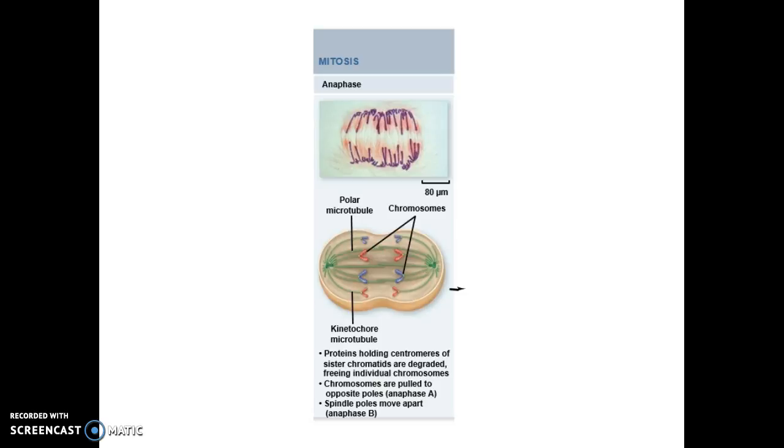The chromosomes are being pulled apart. Now you could call each half an individual chromosome. You could refer to them as chromatids. Terminology gets a little fuzzy here, so I would really highly encourage you guys to look over the terminology and understand how much genetic material is where at any given point in the cell.